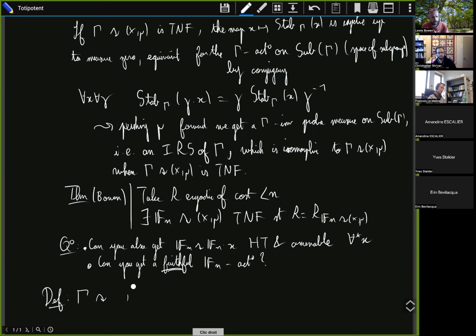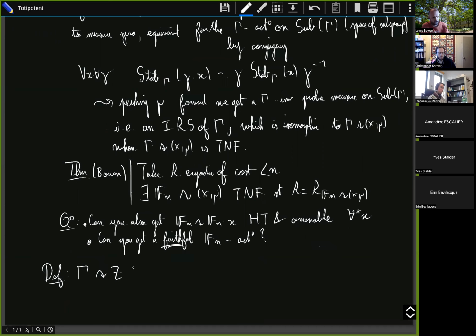I'll first give the definition for an action on a set, a transitive action on a set. Sorry, I forgot to write transitive.